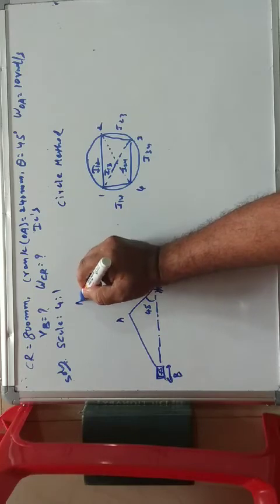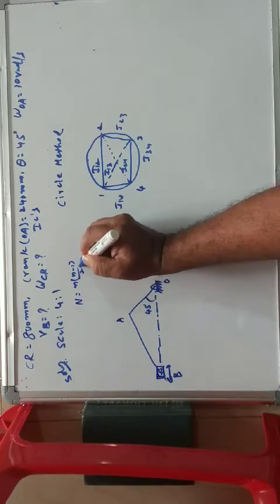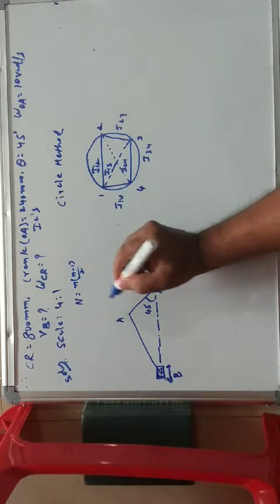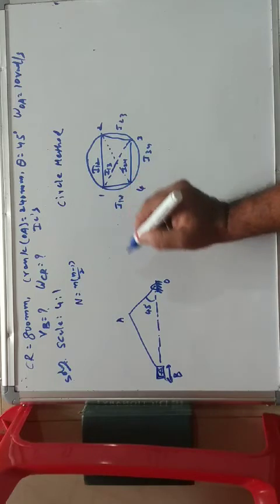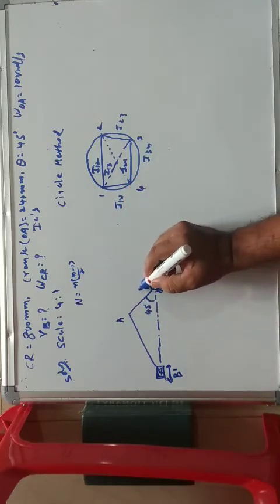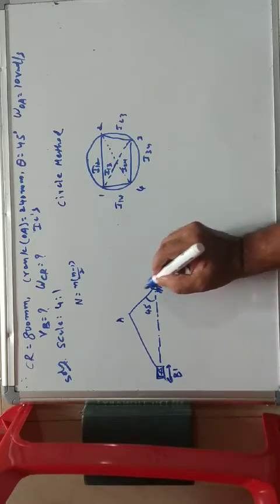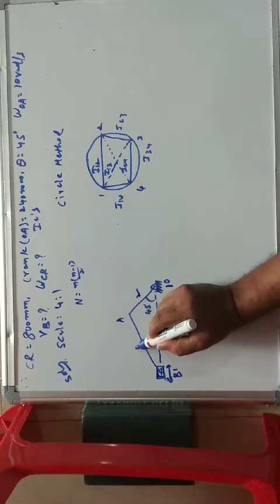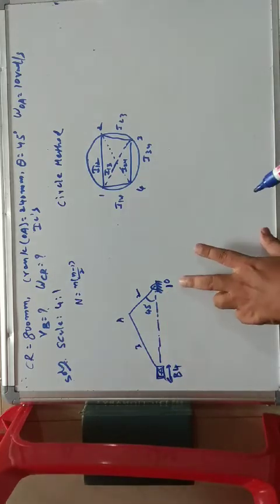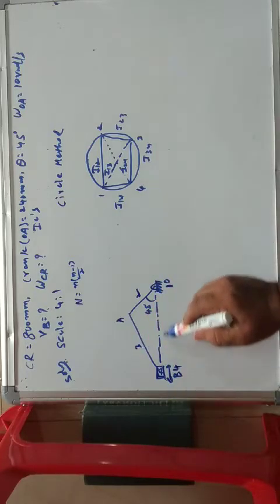Because before that we have the formula, what is that? N is equal to n into n minus 1 by 2, where N is the number of instantaneous centers and small n is the number of links. So the number of links are 4, because the fixed link is 1, then the crank, connecting rod, and the slider.